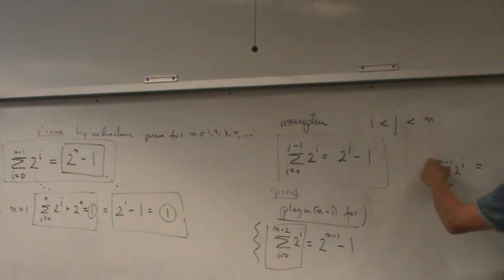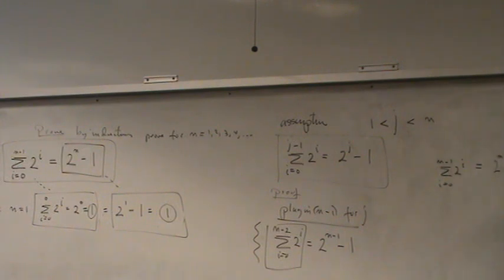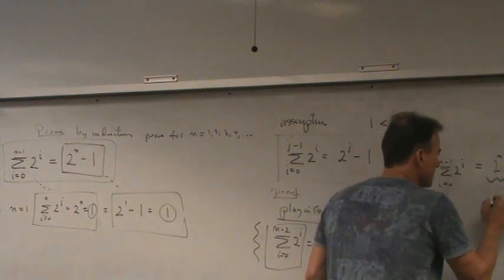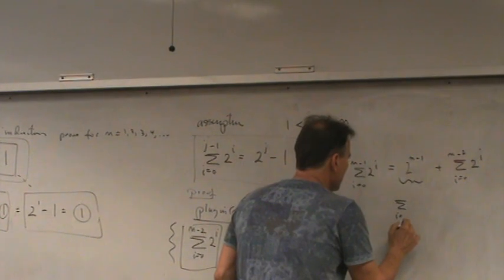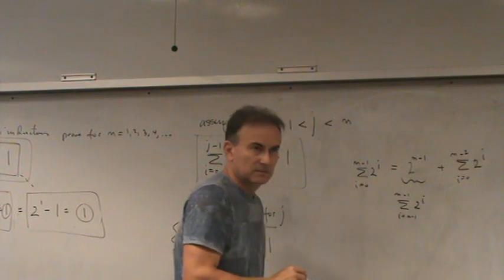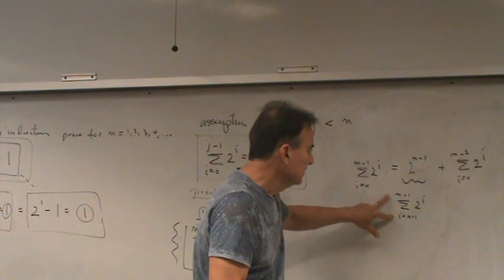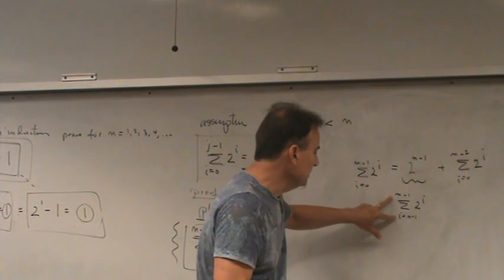When I goes to n minus 1, this is equal to 2 to the n minus 1, plus the summation as I goes from 0 to n minus 2 of 2 to the I. Keep in mind that this is nothing more than the summation as I goes from n minus 1 to n minus 1 of 2 to the I. So that's a single term, only one term, I only goes to n minus 1.